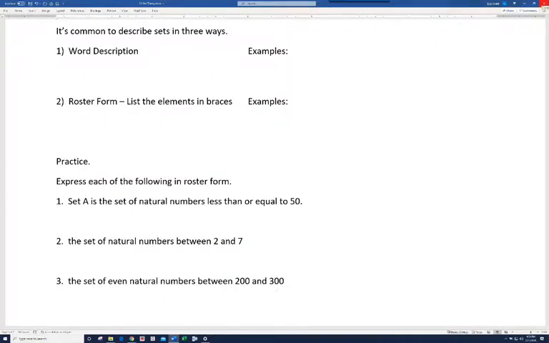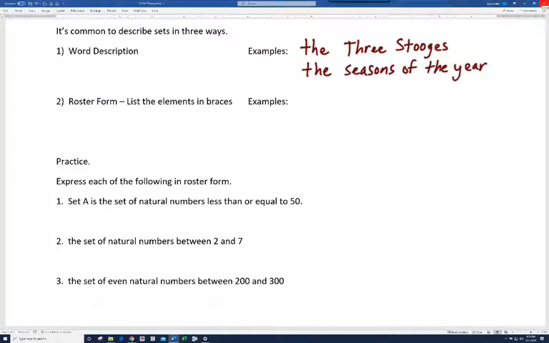Now, it's common to describe sets in 3 ways, and we're going to be using 3. The first one is words, so an example would be the Three Stooges. By the way, do you know who they are? If you don't, you're going to have a chance in just a minute to, if you hopefully at least know 1 or 2 of them. And then let me give you one more example, the seasons of the year.